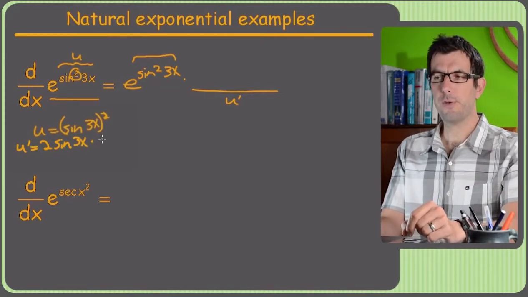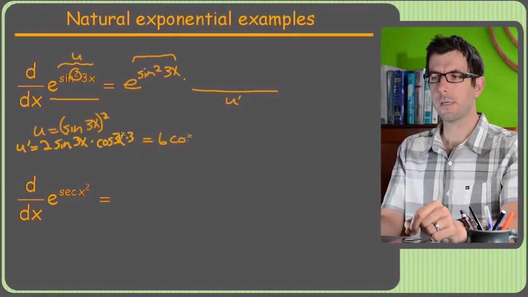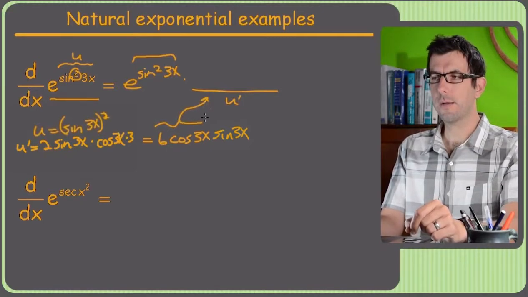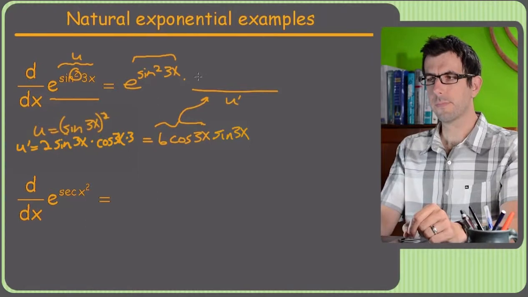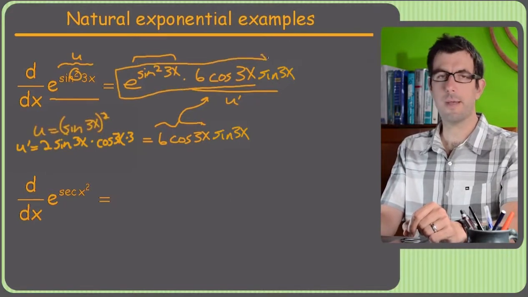And then I got to multiply by the derivative of the argument, which in this case is 3x. So the derivative of 3x right there is just 3. So that gives me 6 cosine of 3x. All right, so that's my u prime, and that's what goes in there. 6 cosine of 3x, and that's probably simplified enough to get full credit.